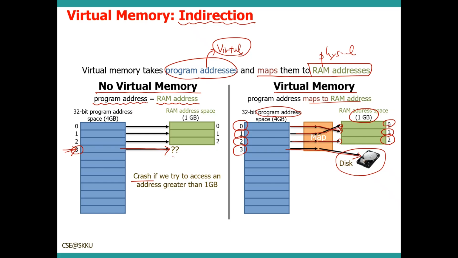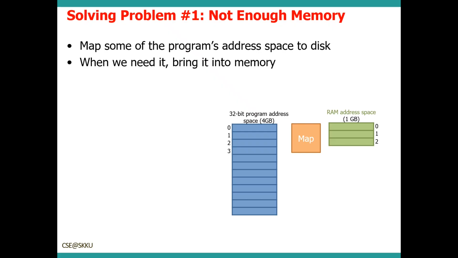Using a storage device, we can make a virtually large memory space. So using the virtual memory technique, we can solve the not-enough-memory problem, because virtual memory maps the program address space to the physical memory or disk. By allocating some address space to the disk, we can provide a virtually large memory space.